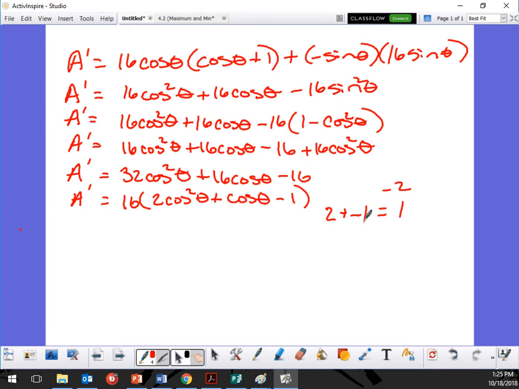I multiply those two together, I get negative 2, but add them together to get positive 1. Because my coefficient on my B term, my middle term, is positive 1, but my coefficient on my C term, my last term, is a negative 1. So I multiply my first one times my last one to get this. So it's going to be 2 times negative 1, which gives me that.